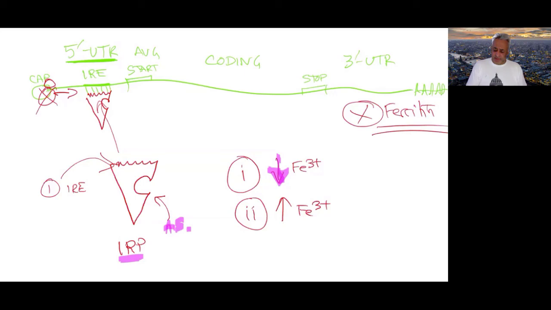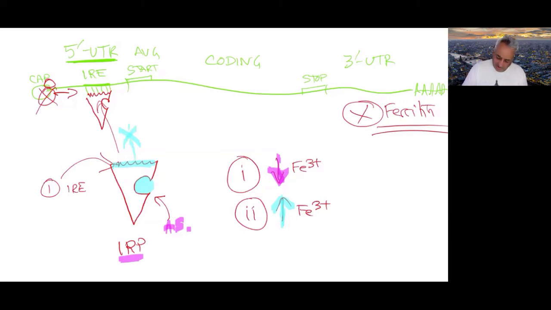Let's look at the alternative scenario. When iron levels are high inside the cell, let's use a different color to follow that. When iron levels are high, what happens? Well, iron diffuses throughout the cell and it binds to the allosteric binding site on the surface of IRP. That causes a conformational change at the active site of the protein. Therefore, it can no longer bind to the IRE.